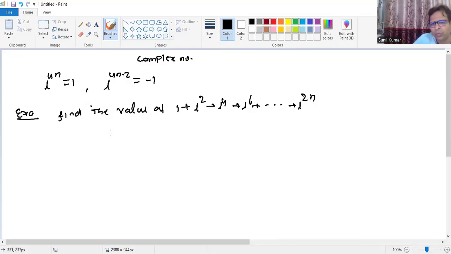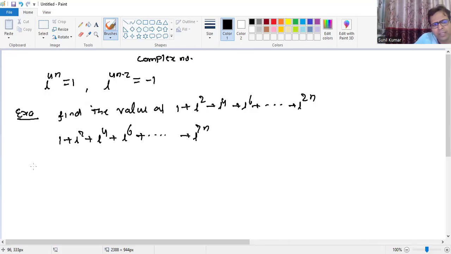We can find this easily using concepts, and there are two cases to consider. The given series is 1 plus iota square plus iota power 4 plus iota power 6 plus dot dot dot plus iota power 2n.